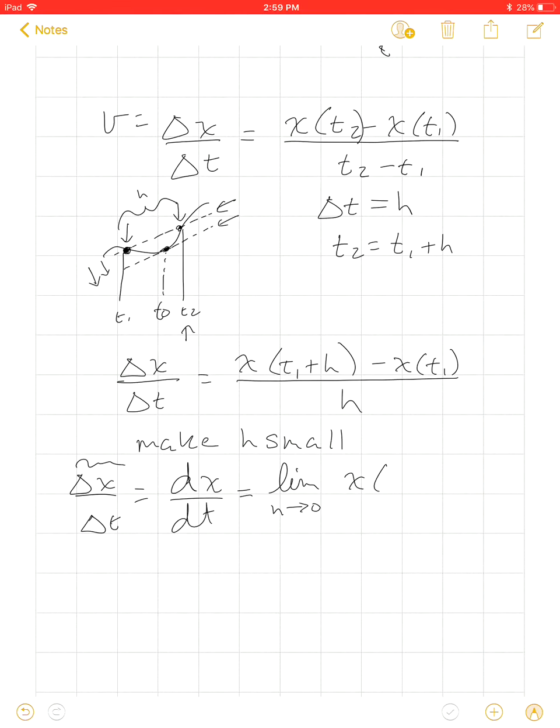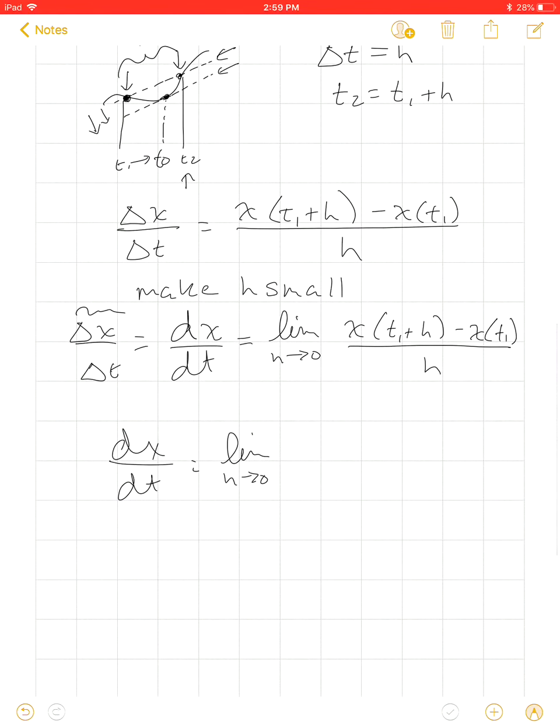Limit of x at t1 plus h minus x of t1, okay, and that's h. Now as we move that line, remember t1 is going to move closer and closer to t naught, so I can actually rewrite this as dx dt is equal to the limit as h approaches 0 of x of t naught plus h minus x of t naught, okay?